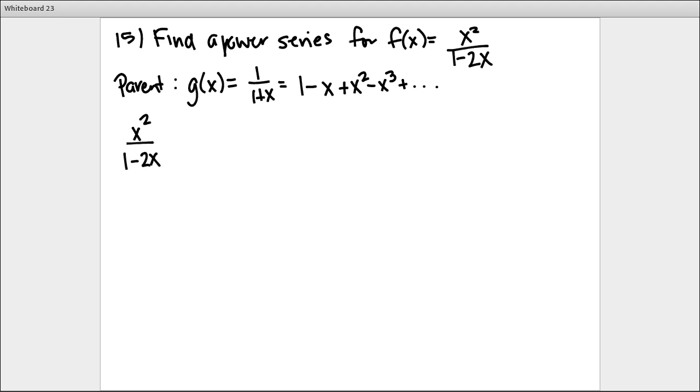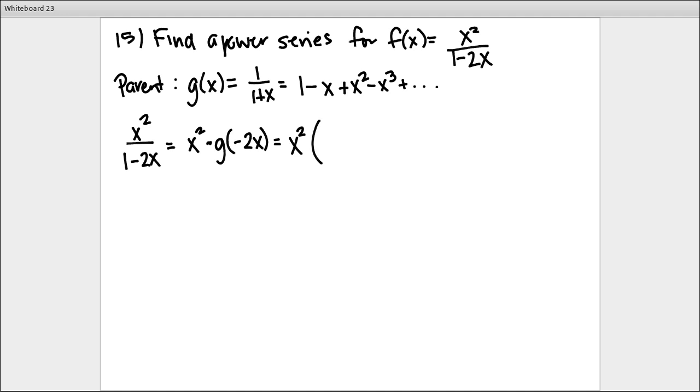So when I'm trying to find f of x, which is x squared over 1 minus 2x, what I'll do is plug in a negative 2x into that g function, right? And multiplying that times x squared. And that's what will give me this function.